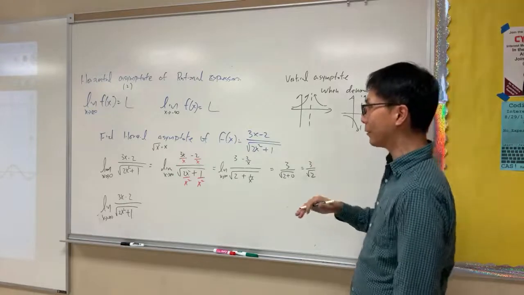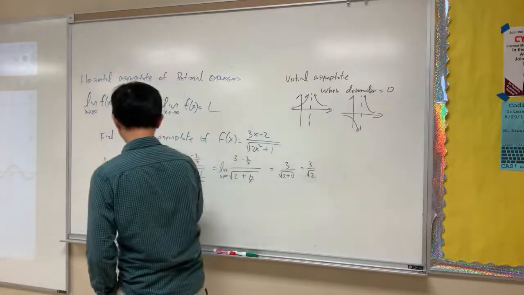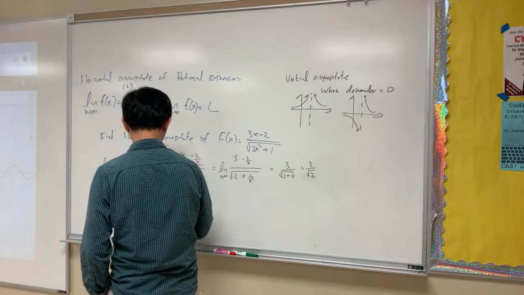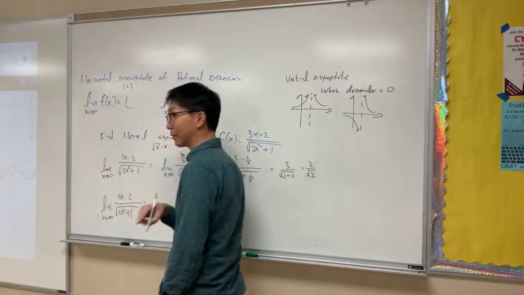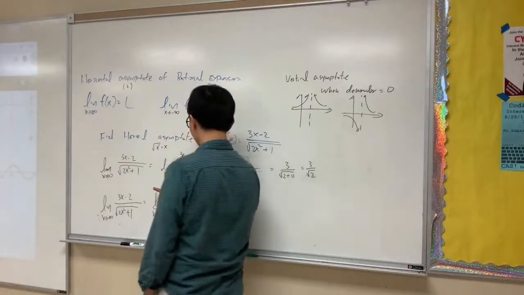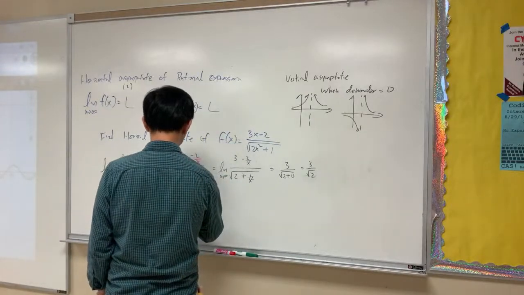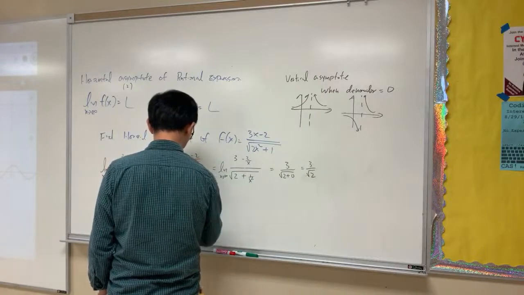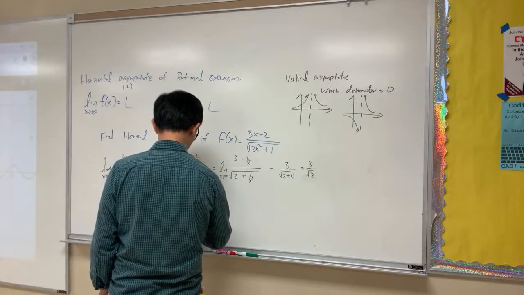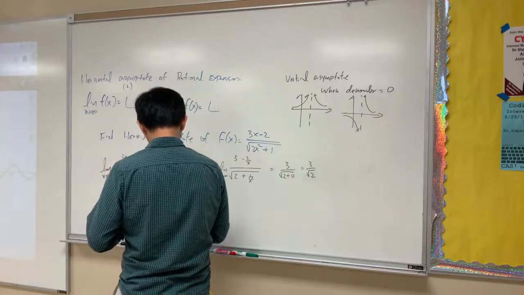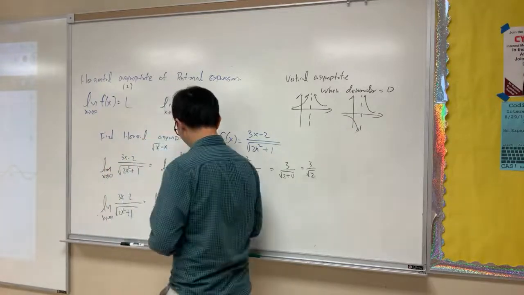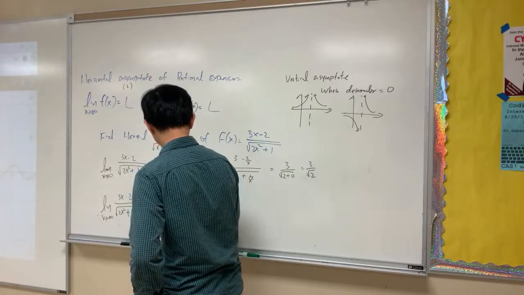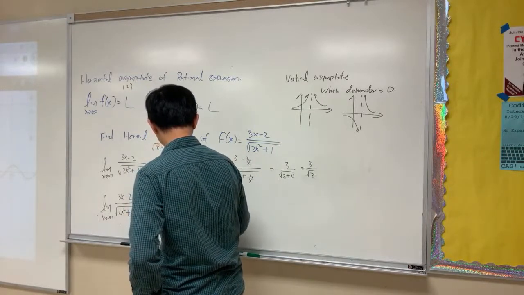Now the only thing different is this case. I have 3x, so I'm doing the same thing. The limit as x approaches negative infinity, because that's a negative number. Do you understand? We're going to do the same thing: 3x minus 2 over the square root of 2x squared plus 1. Since we're reaching negative infinity, I'm going to divide this by x, and this by x squared inside the radical.